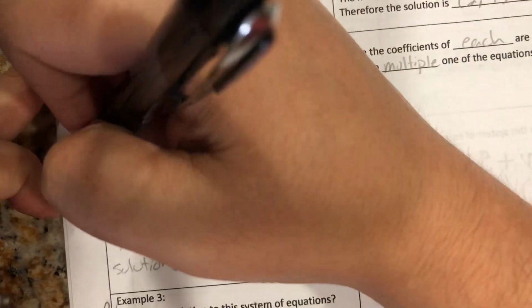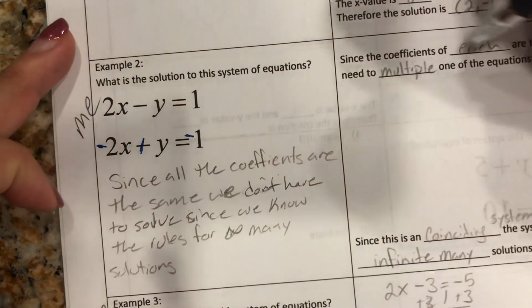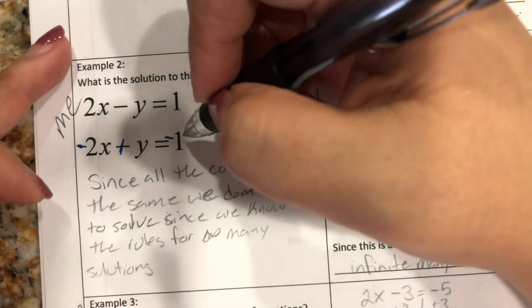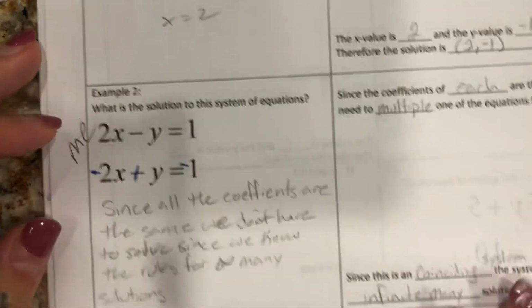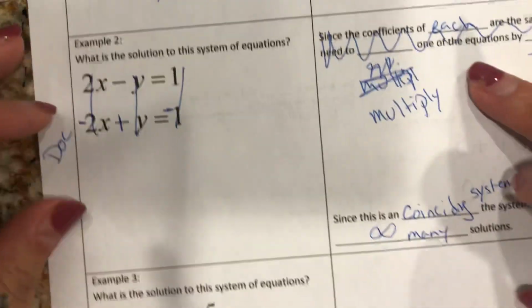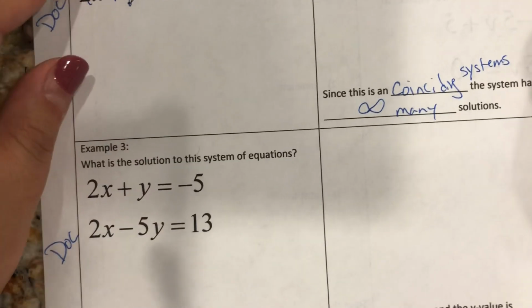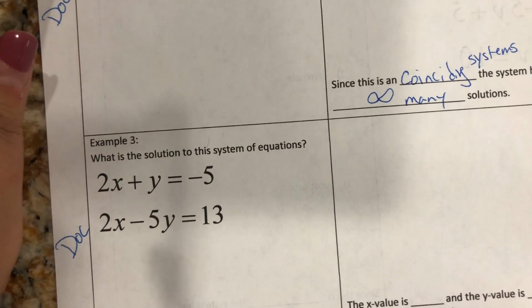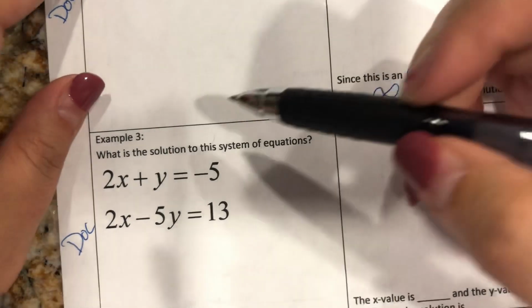Technically I would do this as a negative, this as a positive, this as a negative if I multiplied by a -1. And then they all go away. But again, if you know your vocabulary, you get to do less work. All right?